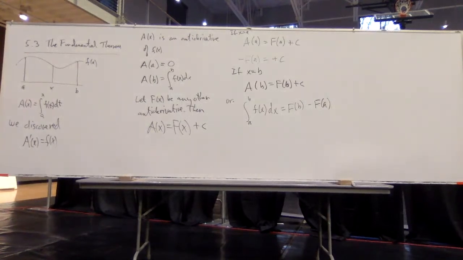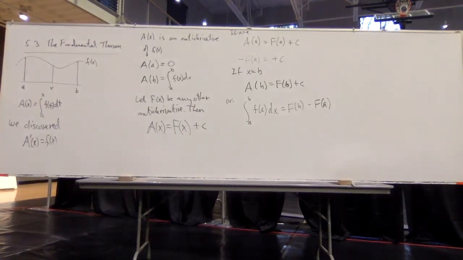I need that function big F. How do I get it? What is big F? It's an antiderivative of little f. Is it a special antiderivative? Okay, big A is a special antiderivative.